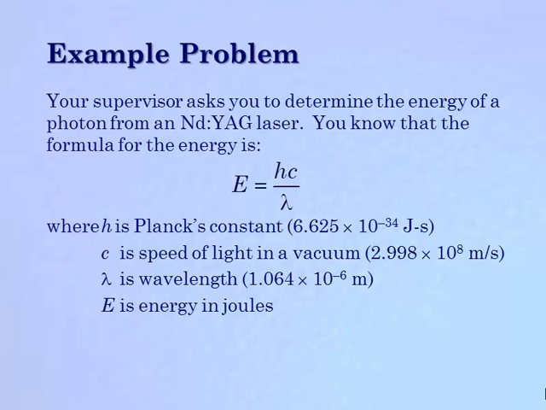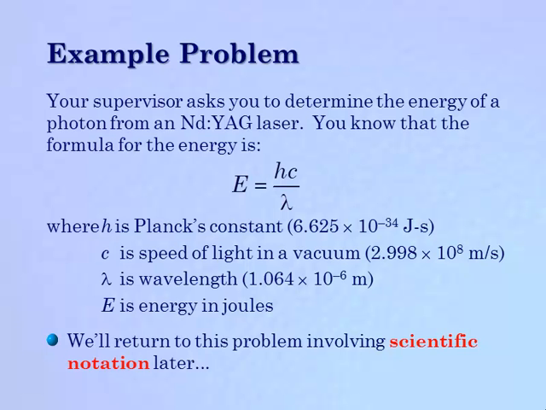You'll notice that those first three constants are all given in terms of scientific notation. They are either very small numbers or very large numbers. You'll have to use scientific notation to make those calculations. In this module, you'll learn how to do that, but we'll return to this problem involving scientific notation later.